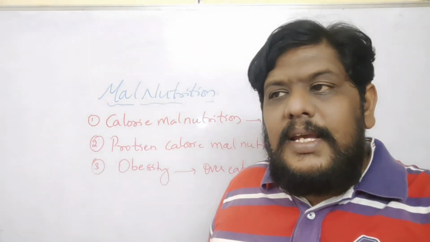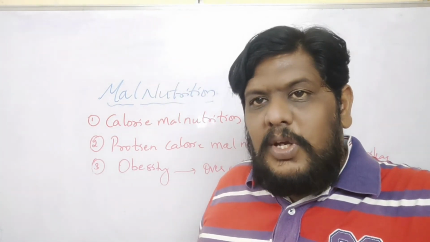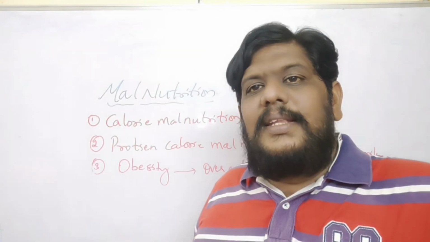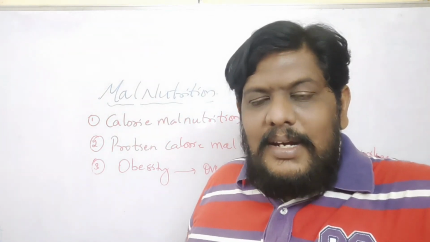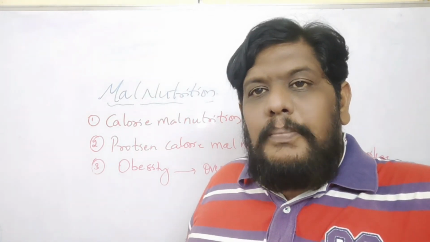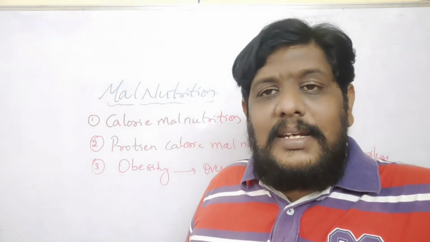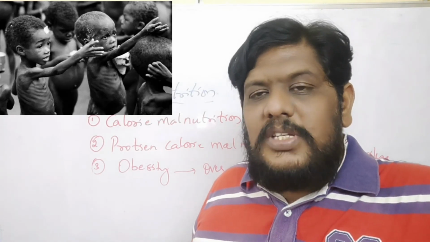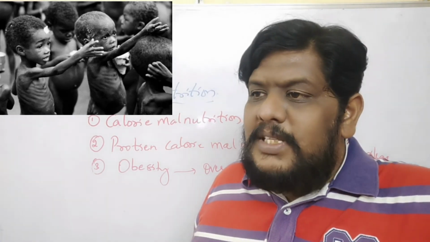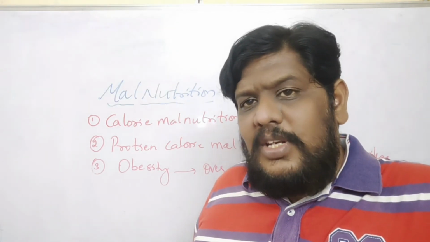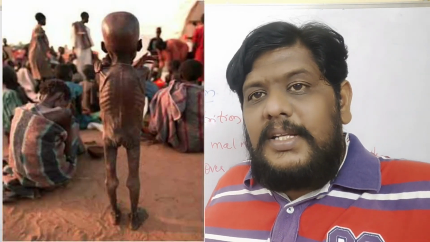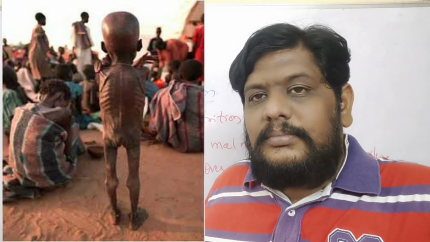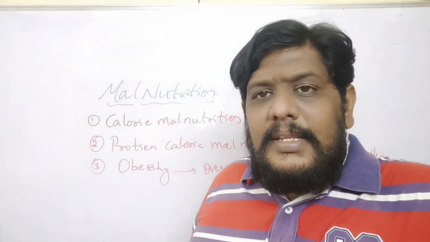So Marasmus is also a disease which is because of the deficiency of nutrients, but here the deficiency is that both calories and proteins are missing in the diet. If the child or an adult is not given proper amounts of proteins, vitamins, carbohydrates and fats in the diet, that will lead to a problem called Marasmus. Generally, Marasmus is seen in children where the mother gives birth to an immediate child.